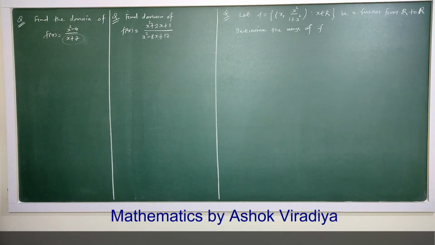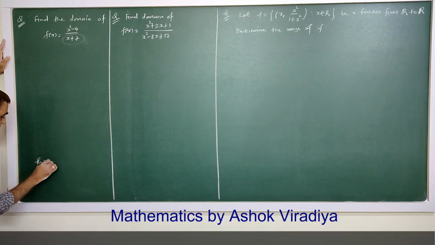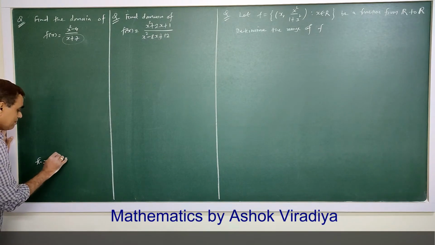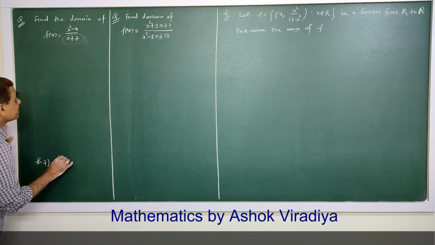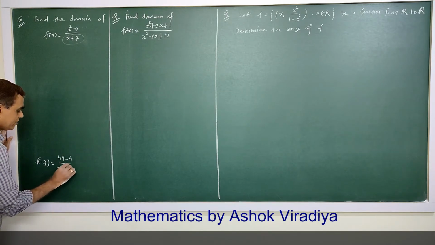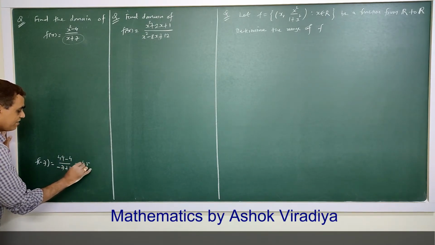Observe the denominator. If you keep here minus 7, look here, I am putting minus 7. f of minus 7 is minus 7 squared, 49, minus 4 upon minus 7 plus 7. So 45 by 0.